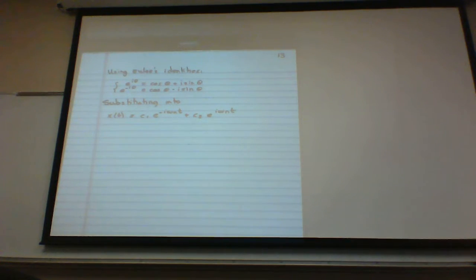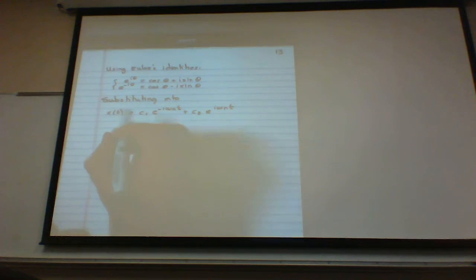Okay, so if we substitute into the equation x of t equals, first we have the negative, no? i omega n t. What are we going to get?